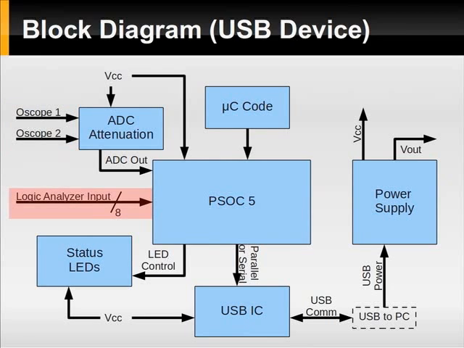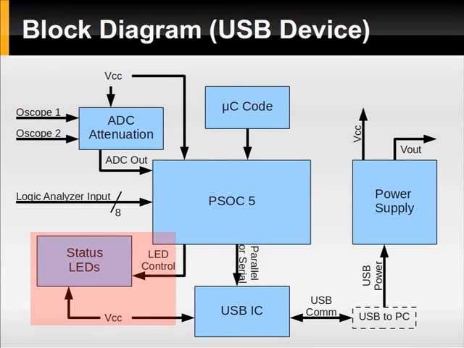There are also 8 inputs from the logic analyzer which are taken directly to the PSoC 5. The PSoC 5 will interpret the data and send it directly to the PC via USB. On the bottom of the circuit you can see a parallel or serial communication with the USB IC which adheres to the standard of USB communication.